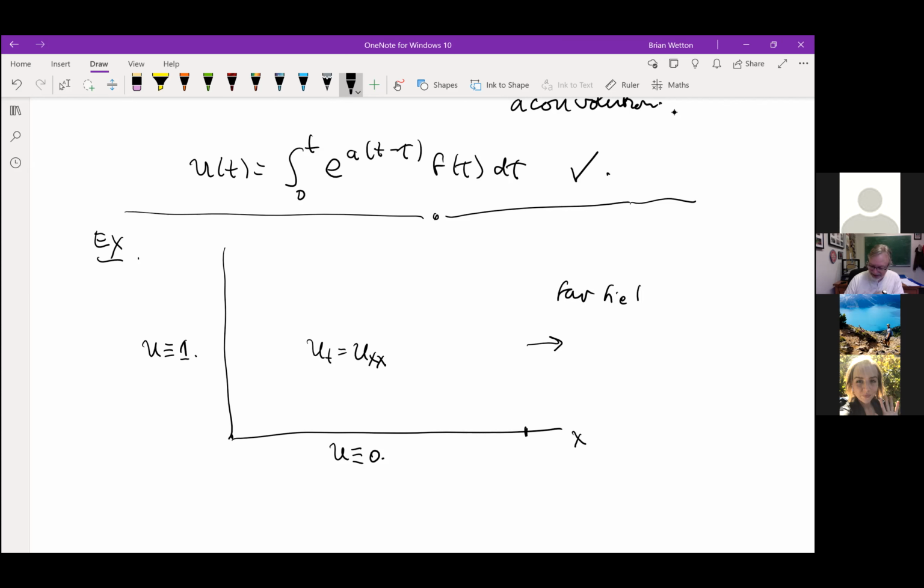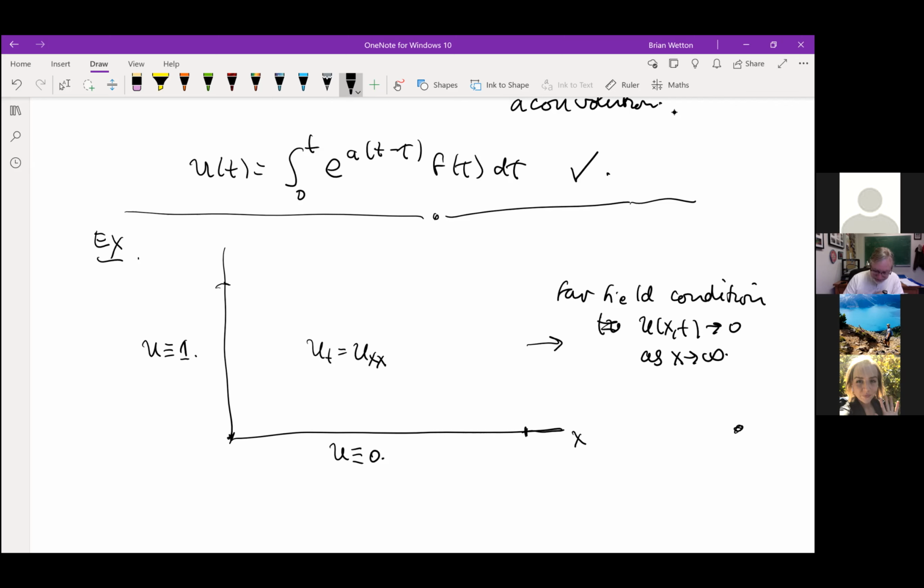In the notes it said hidden condition, but it's really the far field condition, which just says u(x,t) goes to 0 as x goes to infinity, because you've started with 0 temperature here. You've got some stuff coming in from this side, but far away, you're not going to see that. So this is the condition that we want.